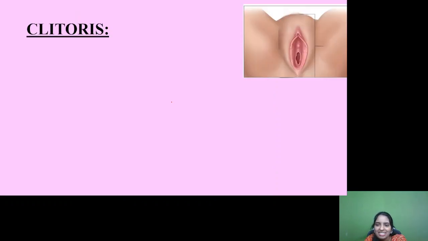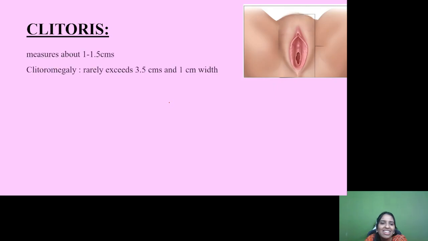Next, clitoris. Let us show it individually here. This is the clitoris. Normally it is only about 1 to 1.5 centimeters, very small.